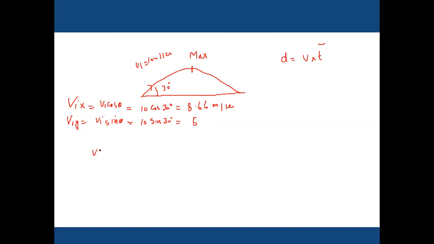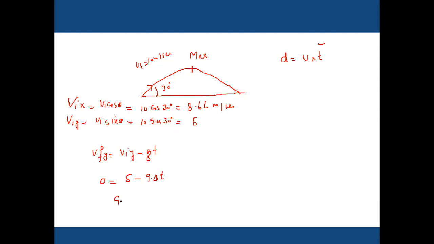From the first formula, Vfy is equal to Viy minus gt. So at maximum position, final velocity is equal to 0. Initial velocity Viy is equal to 5, minus g, 9.8, multiplied by time.